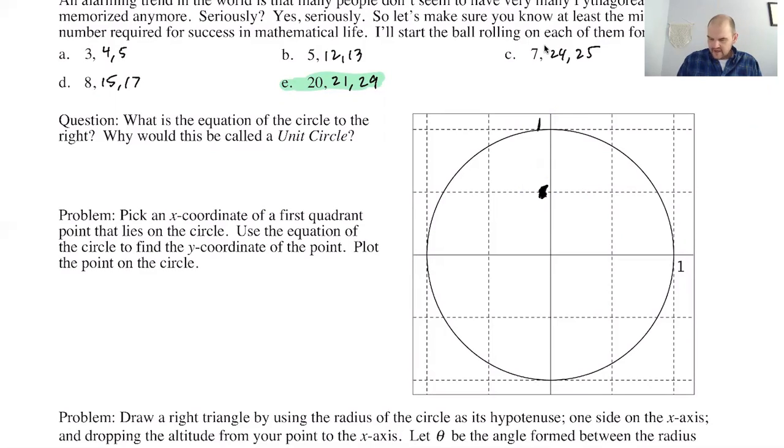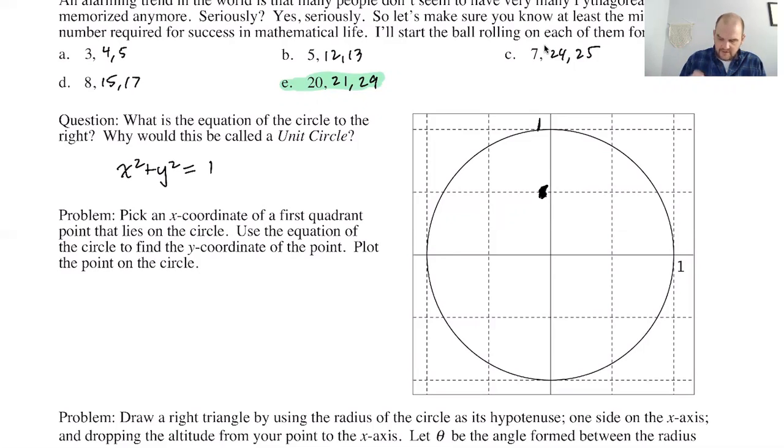And so this is the unit circle. So what is the equation of this circle? Well, it's centered at the origin, so it's x minus 0 squared plus y minus 0 squared, so x squared plus y squared equals the radius squared, but the radius is just 1. So it's going to be 1.